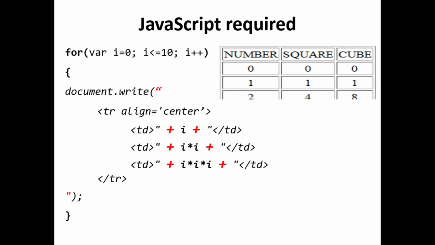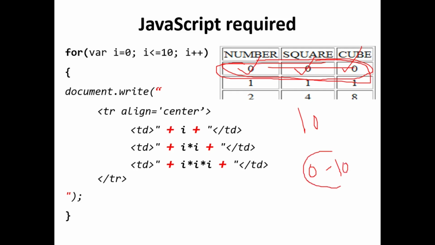In HTML, I have to create a table and repeat a row 10 times for different values. That means I have to create a single row, for example this one, where it displays the number, then its square and then its cube in 3 different cells or columns. This entire process of displaying a row with 3 cells, number, square and cube, I have to repeat 10 times, starting from the value 0 to 10.